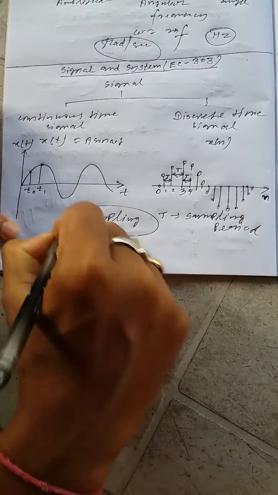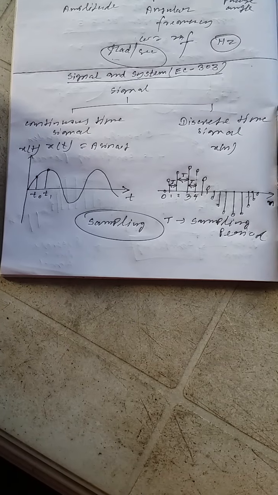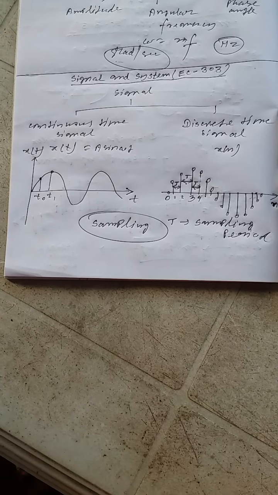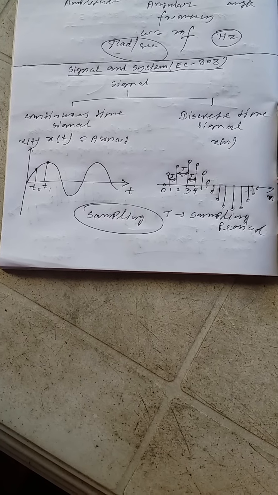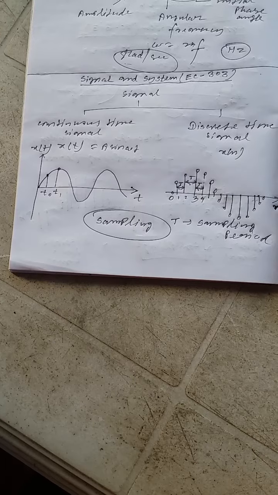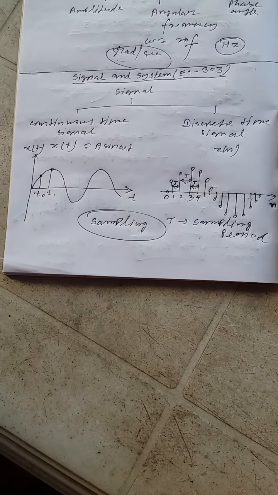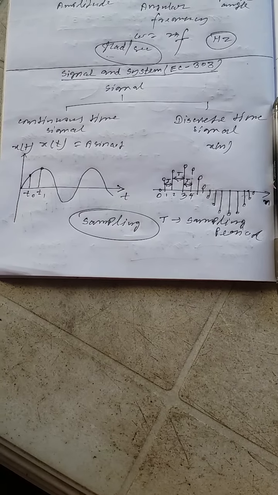So this process is sampling. In the process of sampling, what we are doing is we are just taking some samples of the signal x of t at regular intervals of time. So this interval is capital T, that is known as the sampling period.